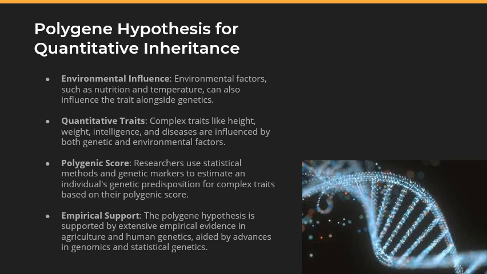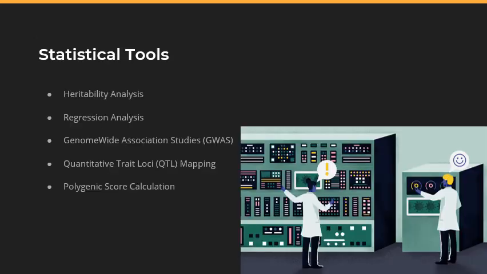It has been supported by a wealth of empirical evidence in fields like agriculture, crop breeding, and animal husbandry, and in human genetics, studies of complex diseases and traits. Advances in genomics and statistical genetics have enabled researchers to identify QTLs associated with many complex traits, providing further support for the polygene hypothesis. So let's dive into the world of statistical tools.